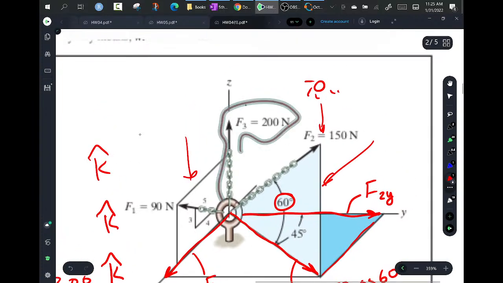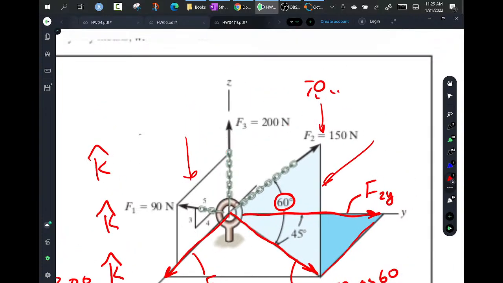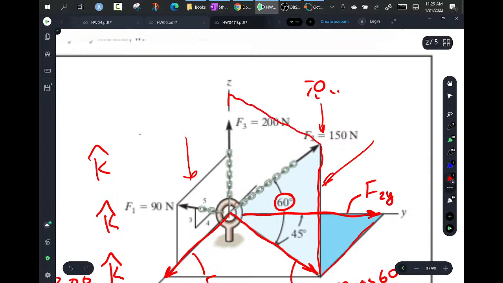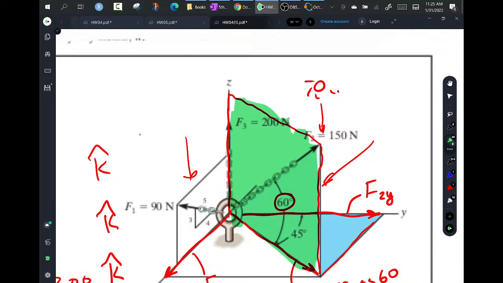How do you get the Z? Well, what you do is you imagine you're looking at this plane. So in other words, I'm looking at this plane. And as I look at that plane, I'm using this shading the same way he's using it. So that's all green. So that's your plane right there. And in your plane, you got 60 degrees.